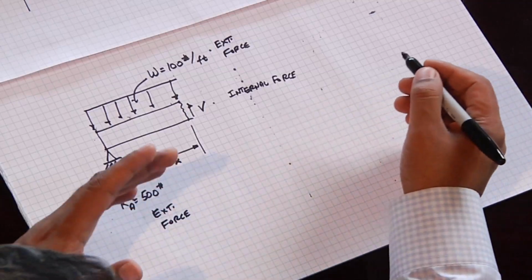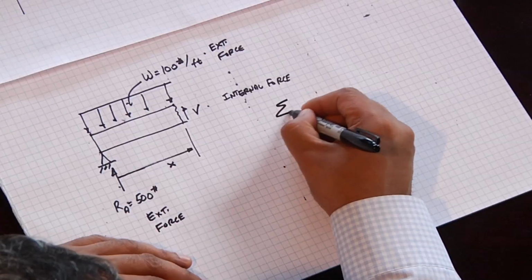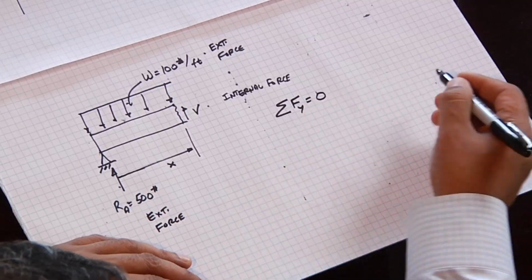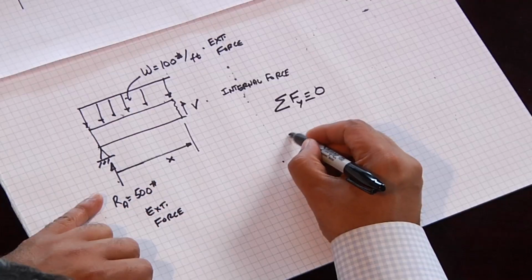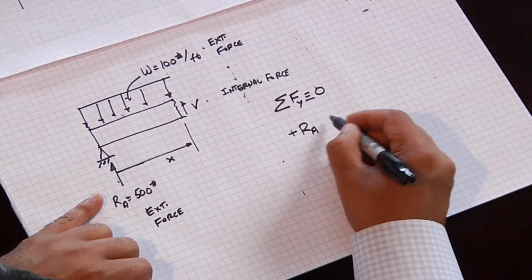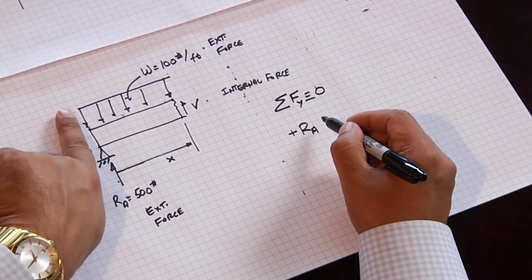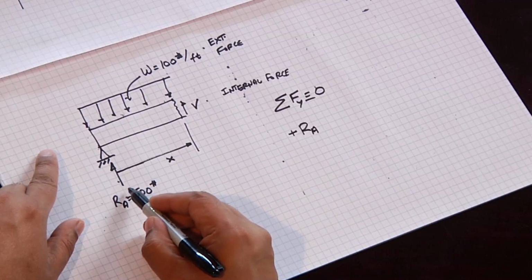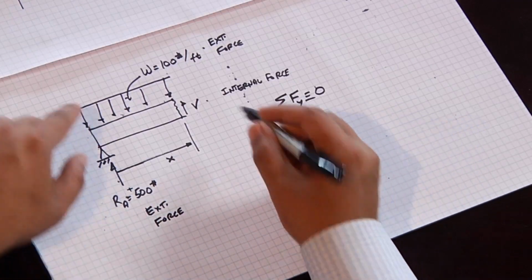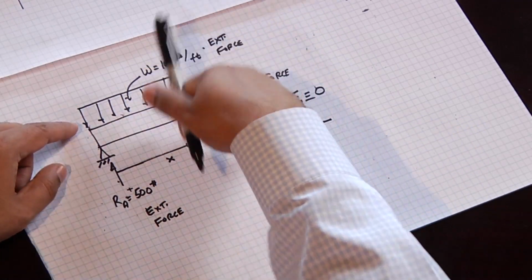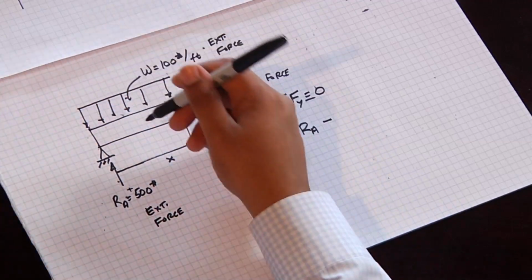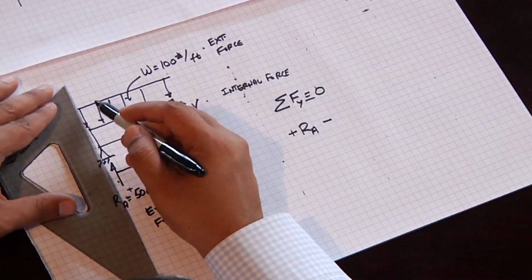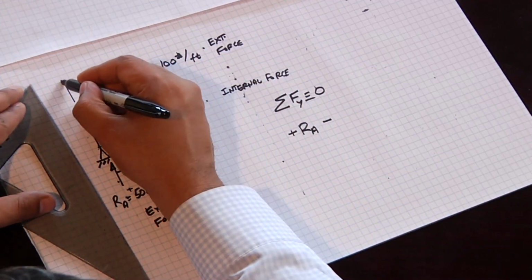So we follow the basic rules of structural analysis. The sum of the forces in the y direction must equal 0. So let's sum the forces. We have plus RA, because this is going up, it's positive, so this is a positive force, minus the downward force, because W is going down. And although it should be quite obvious, I'll go ahead and draw a coordinate system on here.